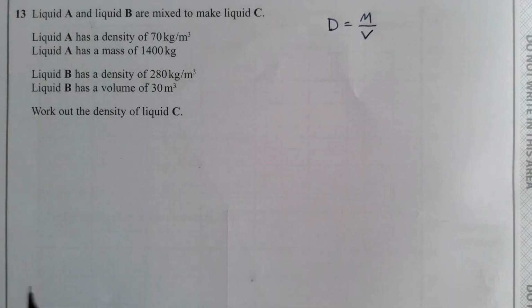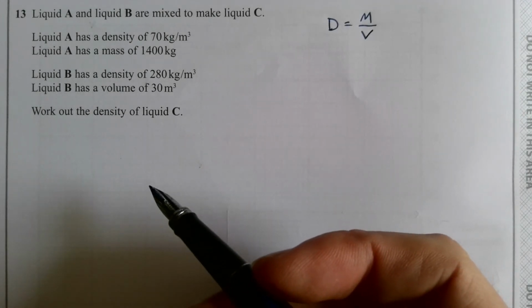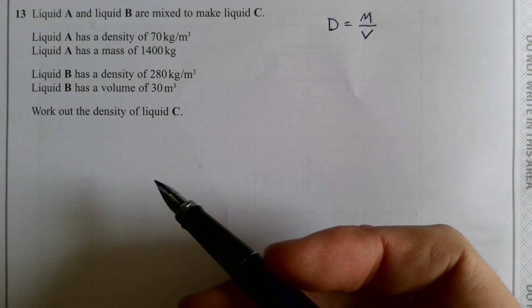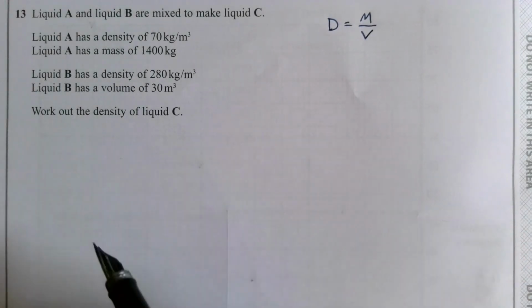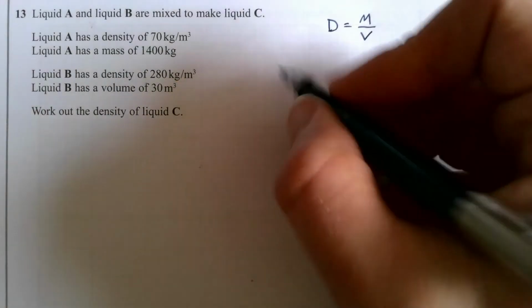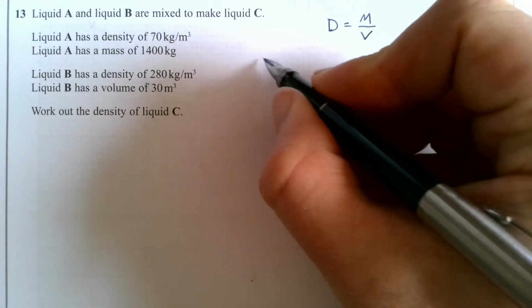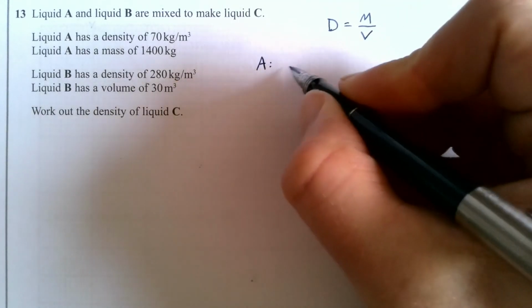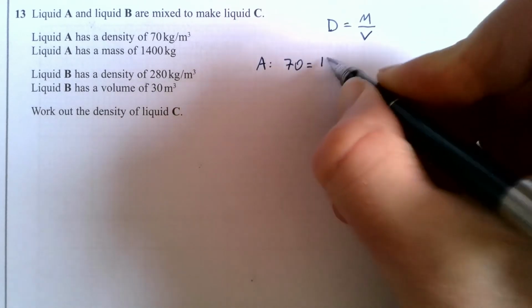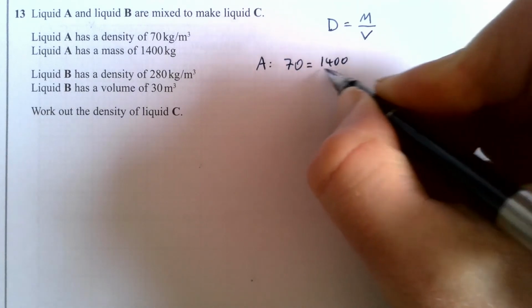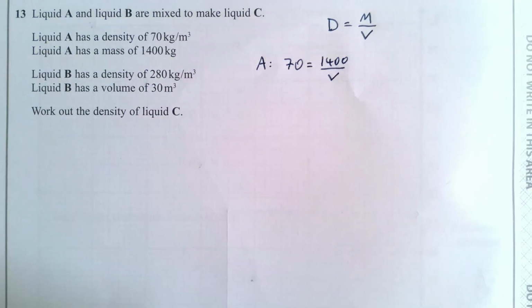To work out the density of liquid C, I need to know how much of it I've got in terms of how heavy it all is, and also its total volume. So for liquid A, I need to work out the volume first of all. So A, I've got a density of 70 equaling a mass of 1400 over my volume.